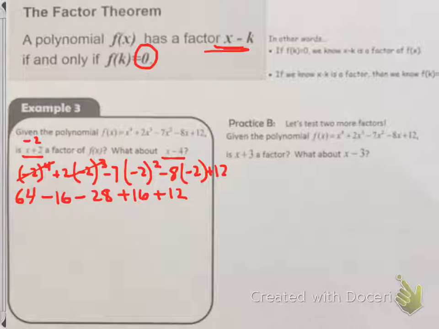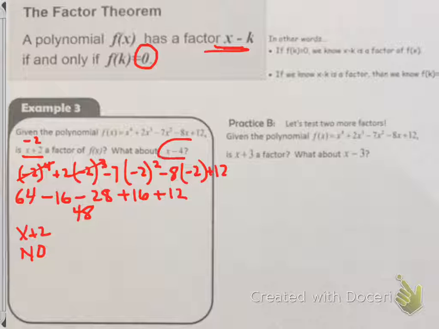So punch that in your calculator: 64 minus 16 minus 28 plus 16 plus 12. You get 48. 48 is not 0 for a remainder. So is x plus 2 a factor? The answer would be no.